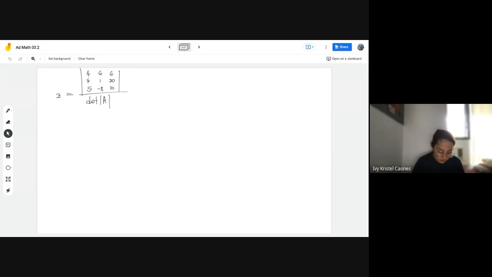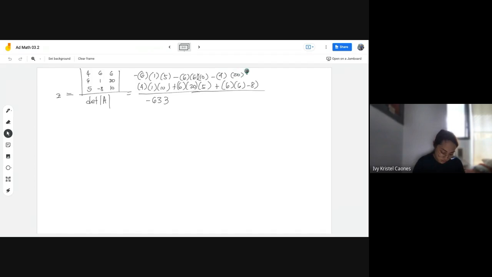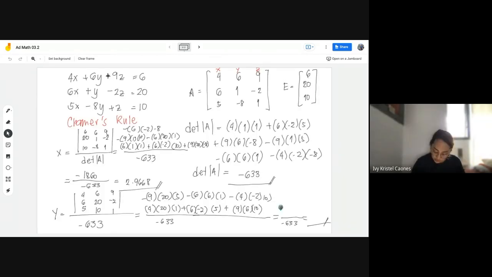Then ganun din, this will be divided by negative 633. Then this will be negative 633 with the value. Y is negative 296 or 0.4676.